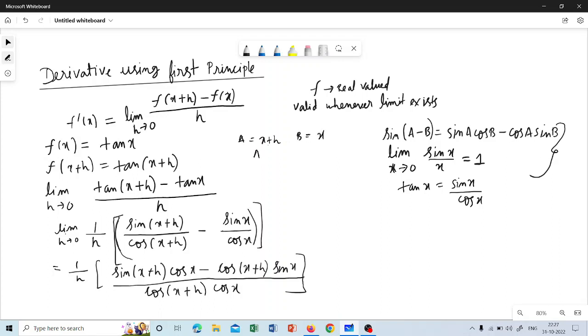So what is A minus B? A minus B is x plus h minus x. The x minus x will cancel out, so the remaining will be h. So I can write this whole numerator expression as sine of h. So let me write that.